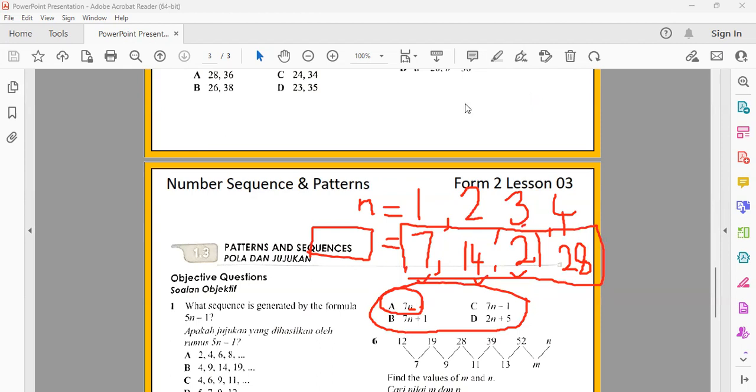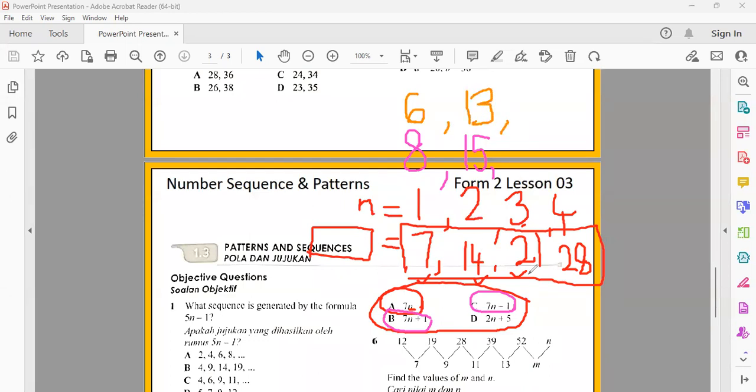Now if I used B, my pattern here will become plus 1. 7 plus 1 is 8. 7 times 2 plus 1 will become 15. Can you see the pattern changing now? If it's 7n minus 1, then this pattern would be 7 minus 1, 6, and then 14 minus 1, 13.